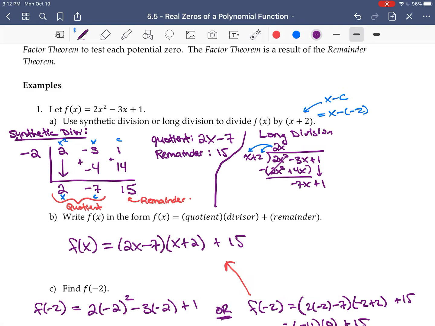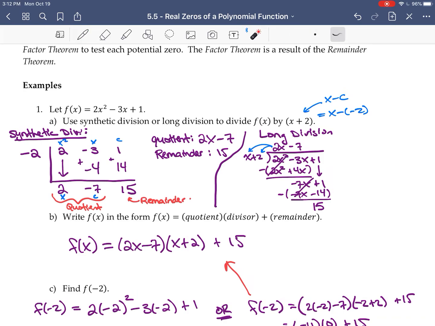Then I do it all over again. What do I need to multiply x by to get negative 7x? That's negative 7. I multiply it to both terms, so that's negative 7x minus 14, and then I subtract both of those. Negative 7x and 7x cancel out, and then I have 1 minus negative 14, so plus 14 is 15.